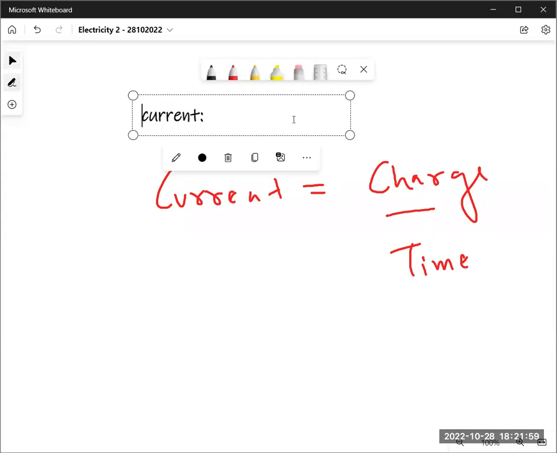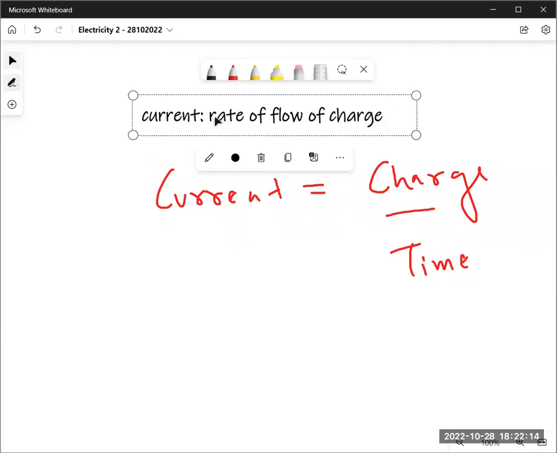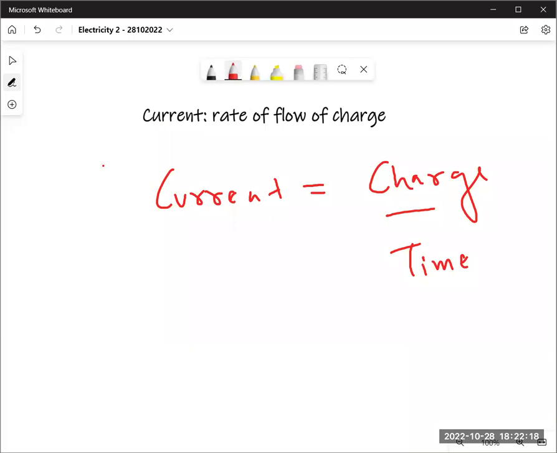Since we know current is the flow or rate of flow of electrons, rate of flow of charge. Since we realize it's the rate of flow of charge, the equation is current is equal to charge over time.